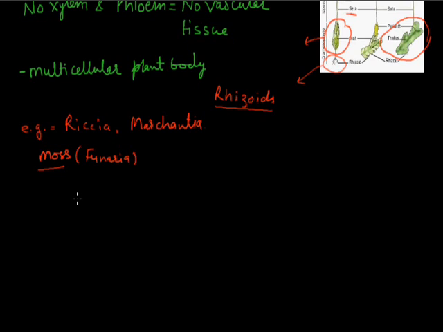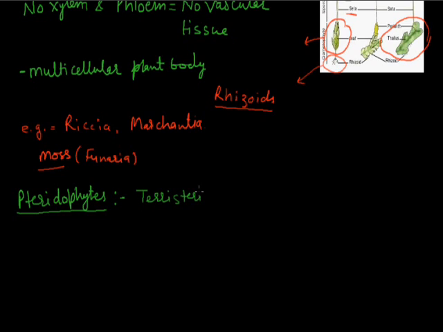Now we discuss another group of the cryptogams. We call them pteridophytes. The third group of the cryptogams is the pteridophytes. Pteridophytes are the first terrestrial plants or land plants. They are present on the land. Terrestrial means they are present on the land.